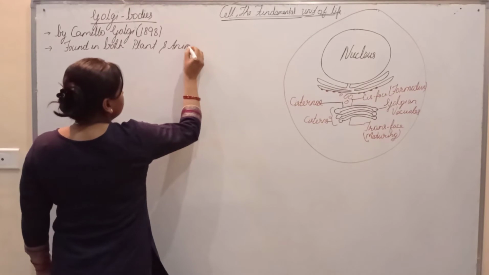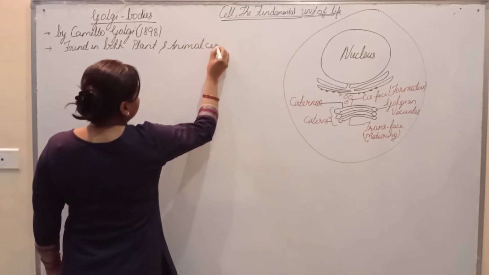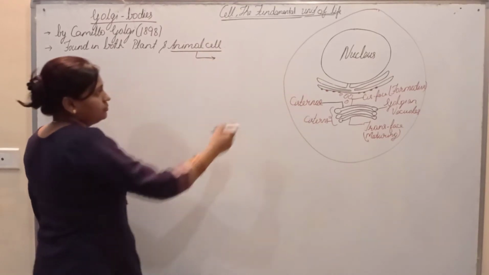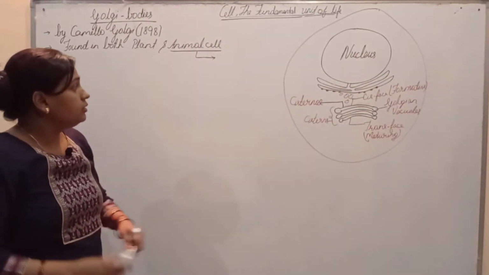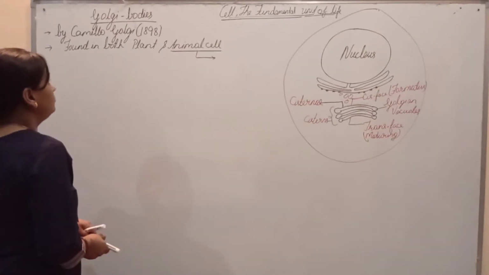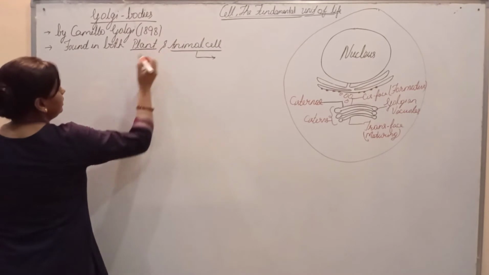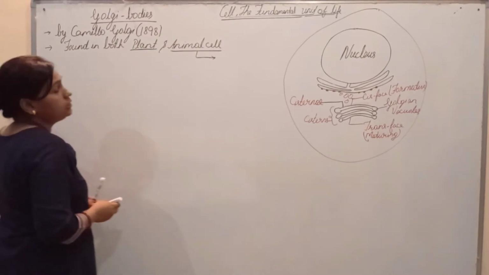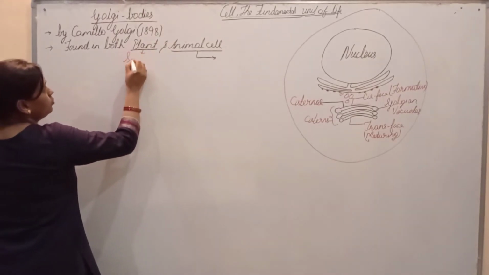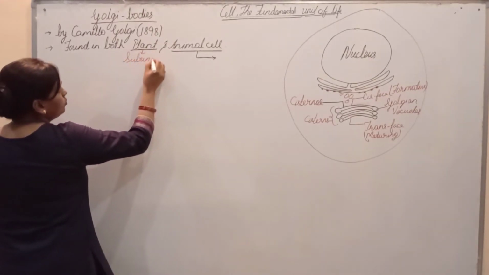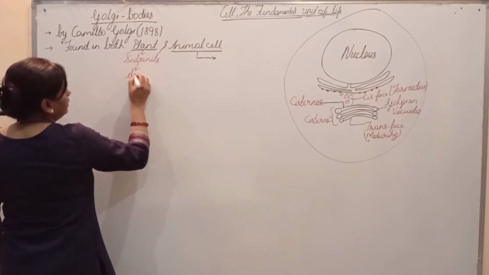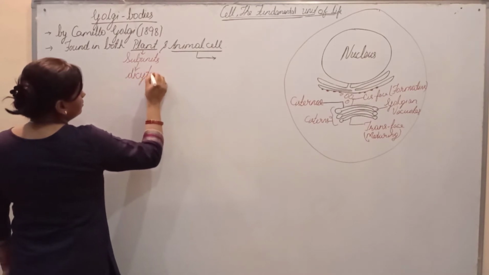The only difference is that in the animal cell it appears like this. Here a complete and well developed Golgi body is found in the animal cell, while in the plant cell the Golgi body is found as subunits, and these subunits are called dictyosomes.